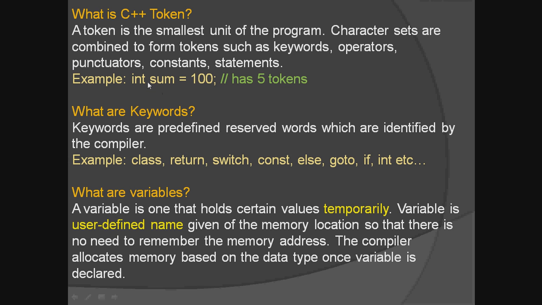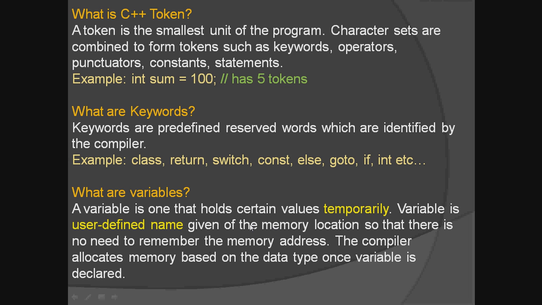So here you can see that this is a variable sum. This is user defined. That means it depends on the user if he or she wants to change from sum to summation or sum to add, different types of names based on the user. It is a name given to the memory location, so that there is no need to remember the memory address.